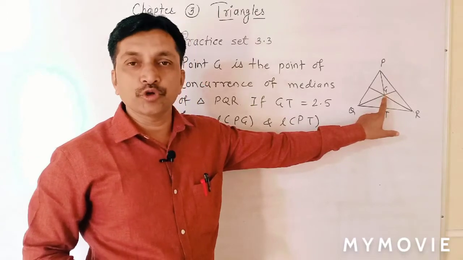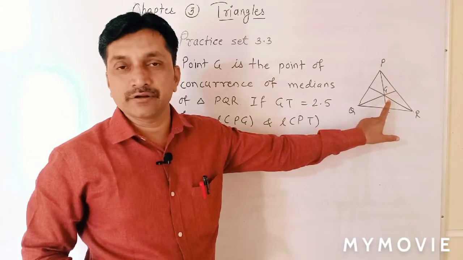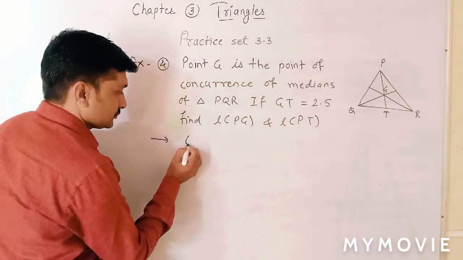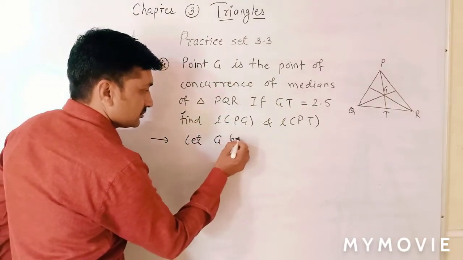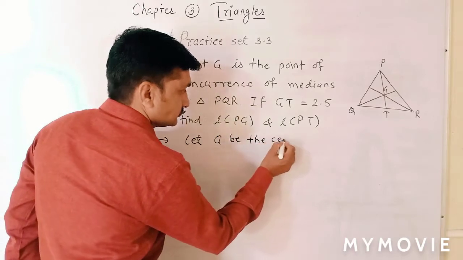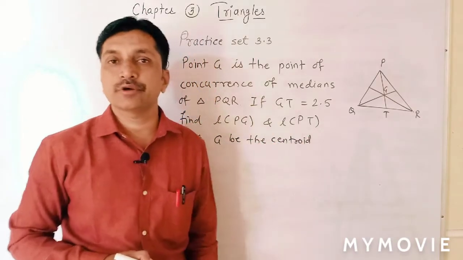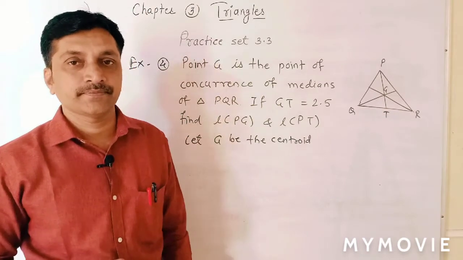Point G is called here the point of concurrence. We call it the centroid also. Now let G be the centroid. G being the centroid means the point of concurrence.